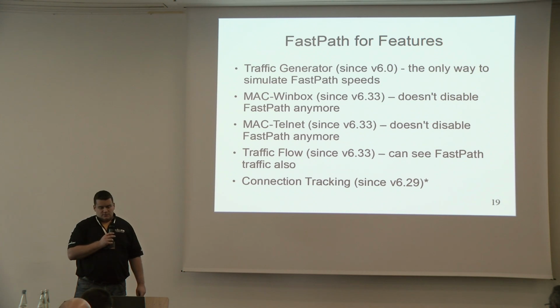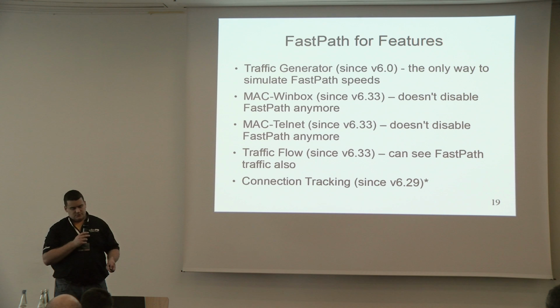Also, there was a problem that FastPath was very good and really fast, but it also skipped traffic flow. So some of our customers were not able to charge their clients because they were not able to see the traffic. They really asked us to add that feature, so we added traffic flow support for FastPath also.